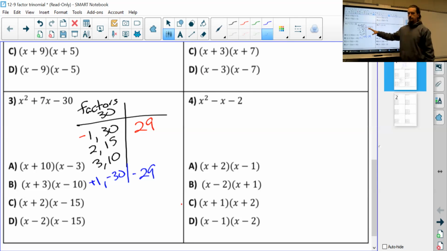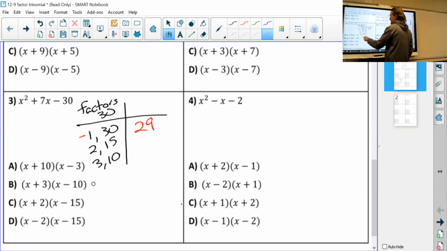So instead of listing out every single thing, I know I'm going to have one positive factor and one negative factor, and the negative factor has to be the smaller of the pair. So if I check the rest, 15 minus 2 is 13, that's not it. 10 minus 3 is 7, and that's what we're looking for.